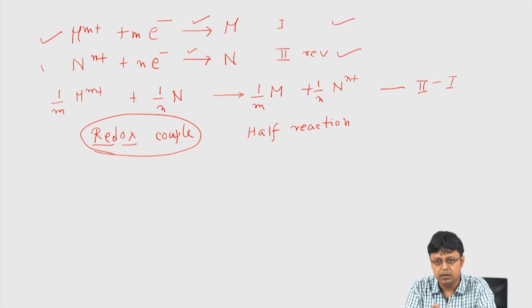If that is negative, then the way we have written the reaction is spontaneous. If that is positive, the way we have written it is not spontaneous, the reverse way is spontaneous.